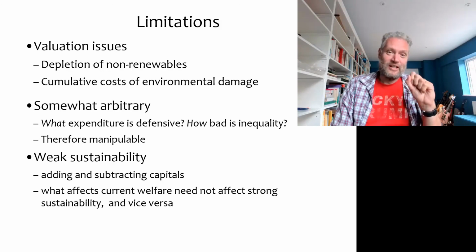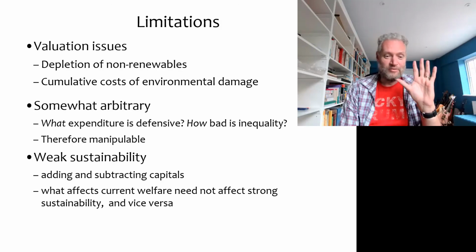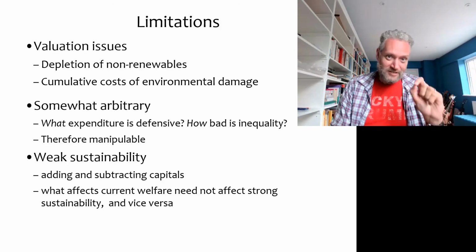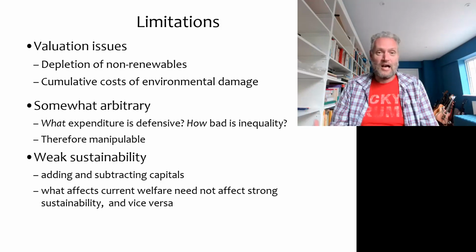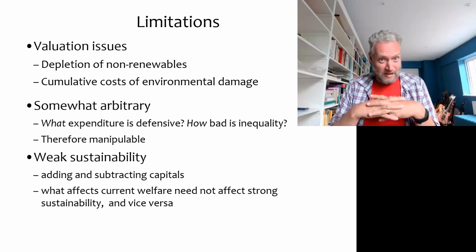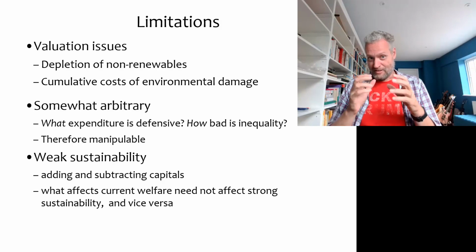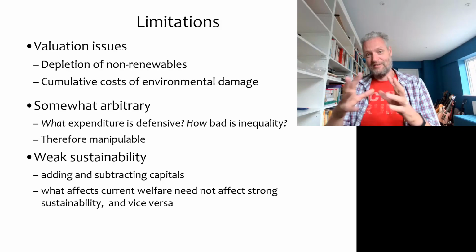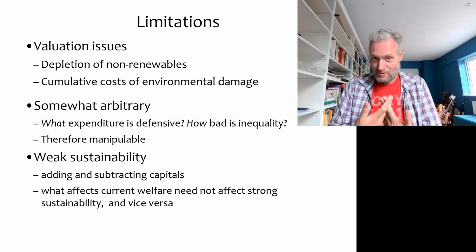Very important to emphasize that these indicators, the Genuine Progress Indicator, the Measure of Economic Welfare and all its variants, are essentially measures of weak sustainability, because essentially what you do is you're adding up and subtracting capitals as if they are addable and subtractable. You assume that you can substitute the deterioration in the natural environment with an accumulation of man-made or human-made capital.